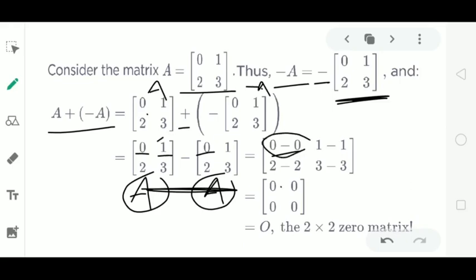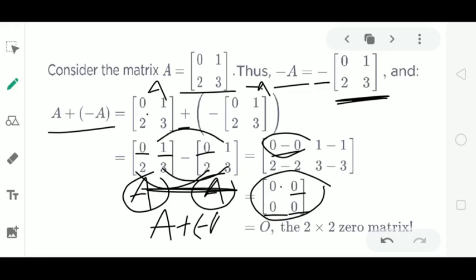Second element of A minus second element of second matrix. 1 minus 1, 0. 2 minus 2, 0. 3 minus 3, 0. Now observe here, all elements of this matrix are 0. Hence it is a 0 matrix. The sum of A and minus A is 0. So we consider minus A as additive inverse of a given matrix A.